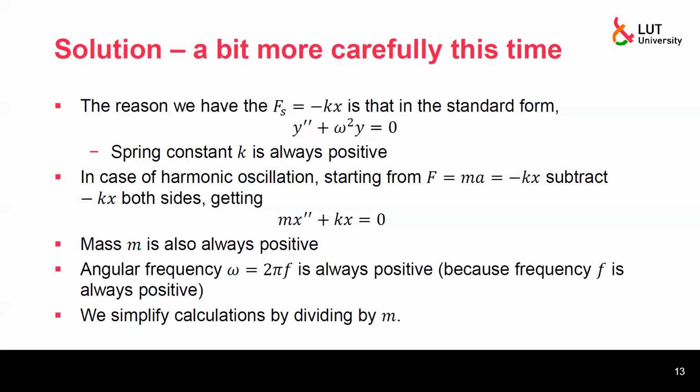One reason for the force direction is of course that when there's a minus, then when k is positive, the resisting force is pointing in a different direction than our supporting force.